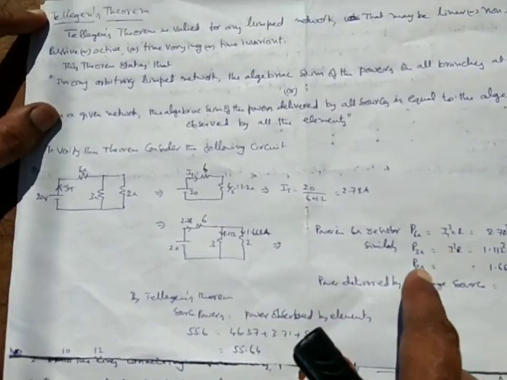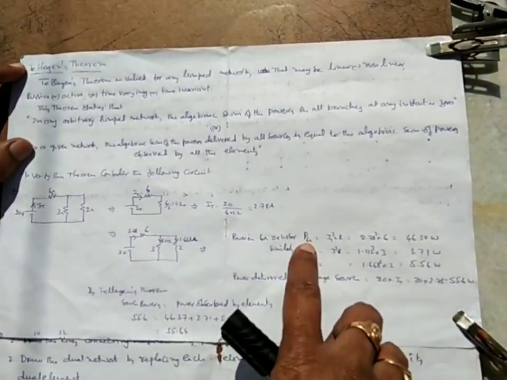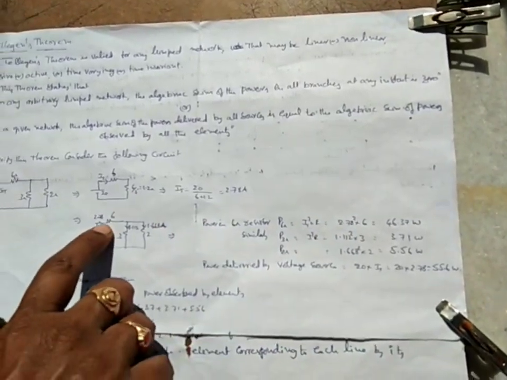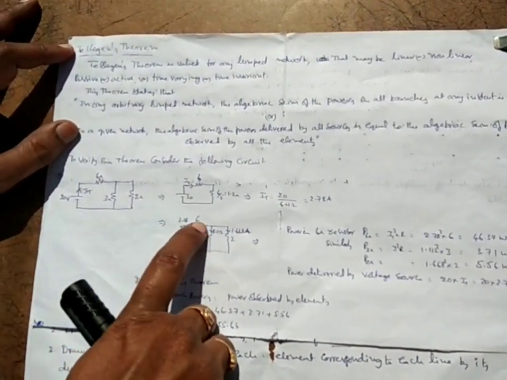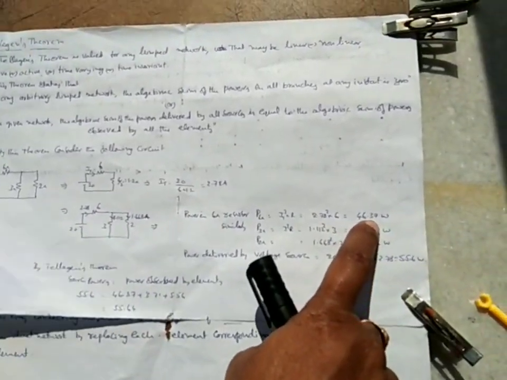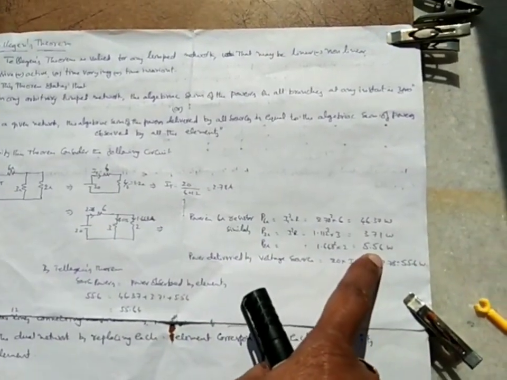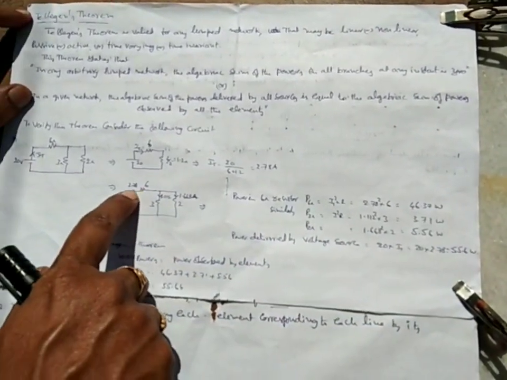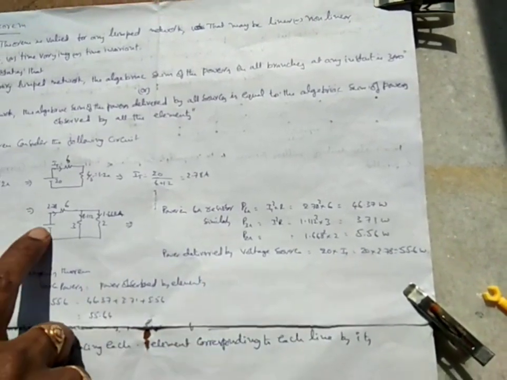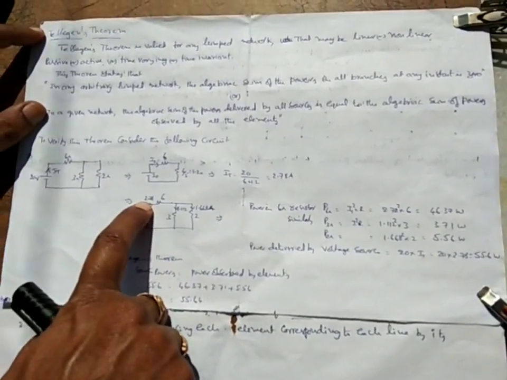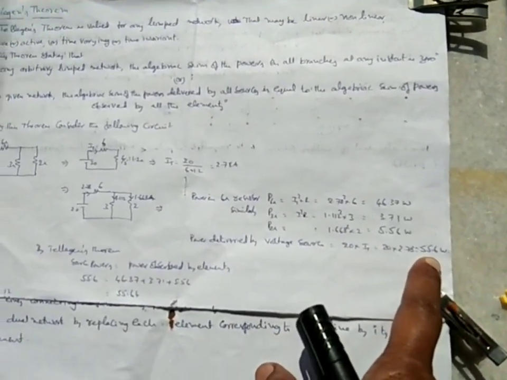Now, the powers in all the 3 resistors, these 3 passive elements. As power in a resistor is I squared R, we calculated power in the 6 ohm resistor, that is 2.78 squared into 6, which is equal to 46.37. Similarly, power in 3 ohms and power in 2 ohms. Next, the power delivered by the source is equal to V into I. Source voltage is 20 and current is 2.78. Product of V and I is 55.6 watts.